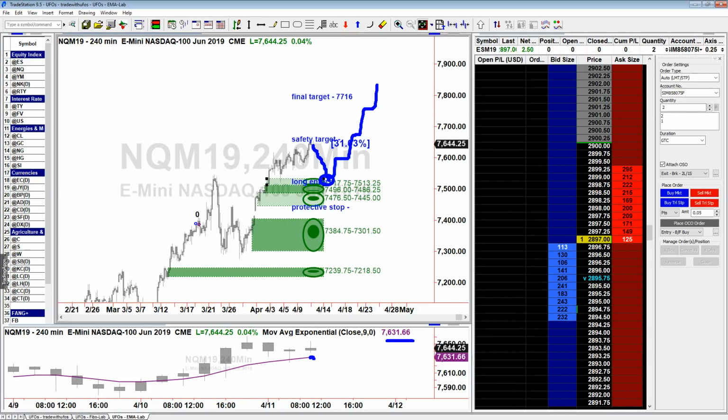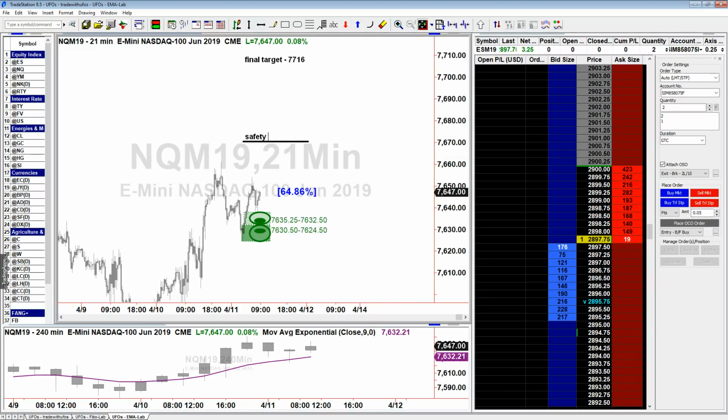A little bit of an impact on that average. With the safety target, which is something that we'll calculate afterwards, then we're going to have our long entry located at this price level, and finally our protective stop, which is going to be located below the green UFOs. So again, I'm back to exactly where I was before.